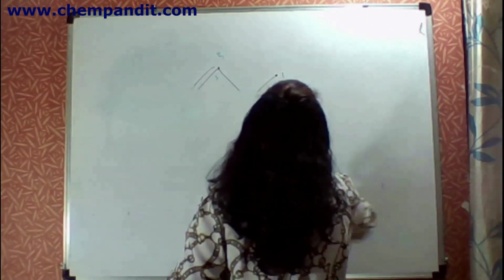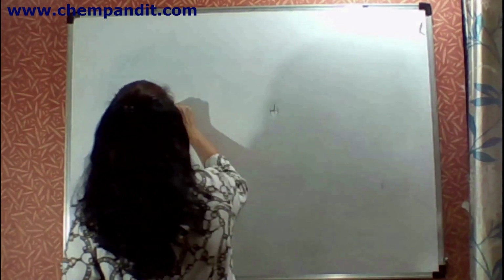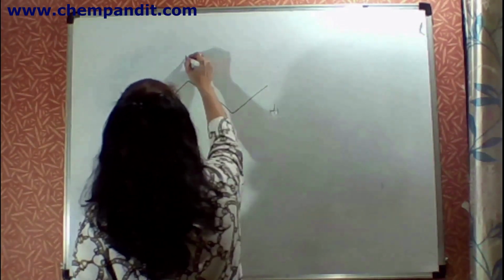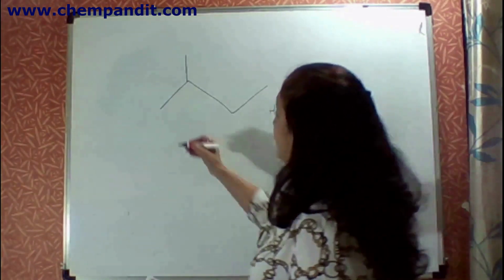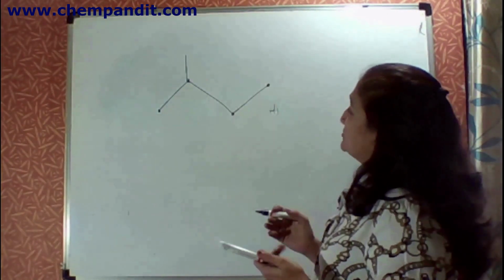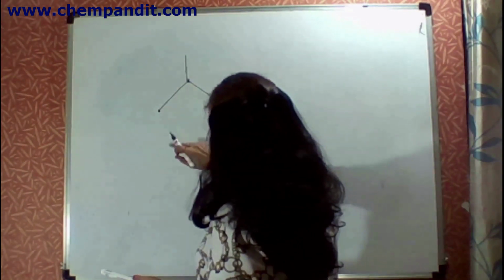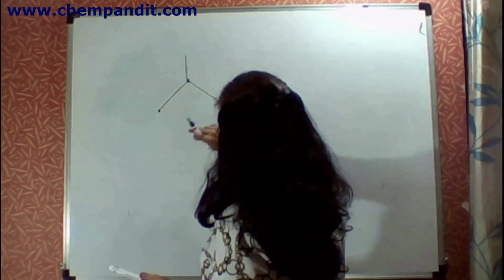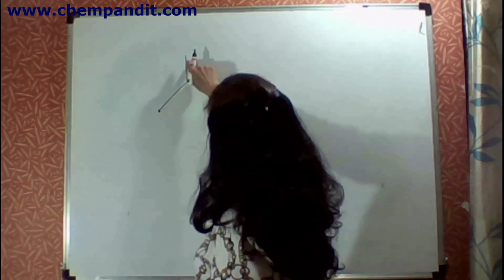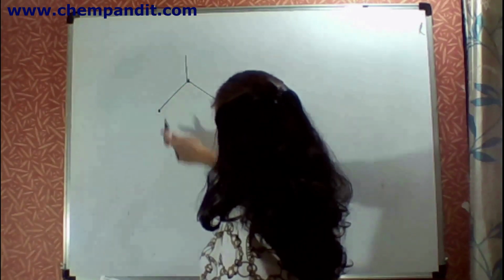Suppose you have one more compound like this. Now again, this is a carbon, this is a carbon, this is a carbon and this is a carbon. So let's take the longest chain. Suppose if we take this longest chain, this will become substituent methyl group.